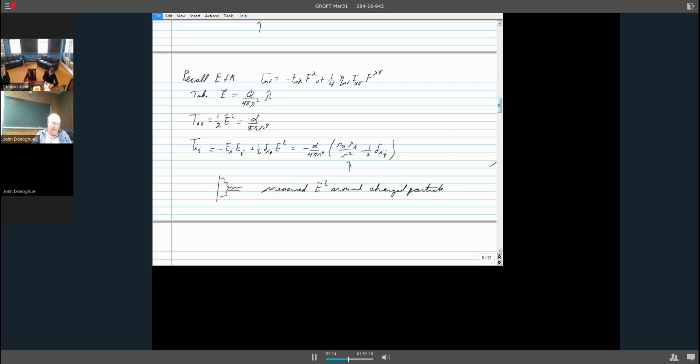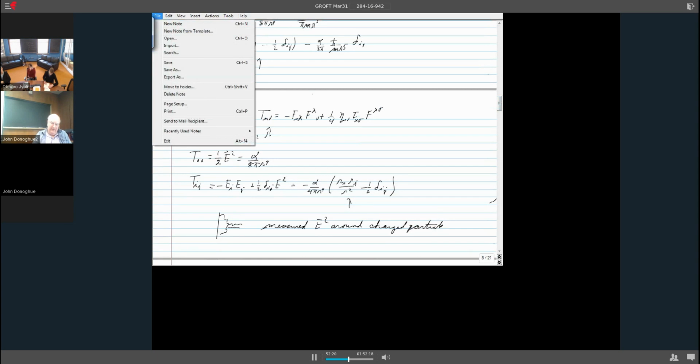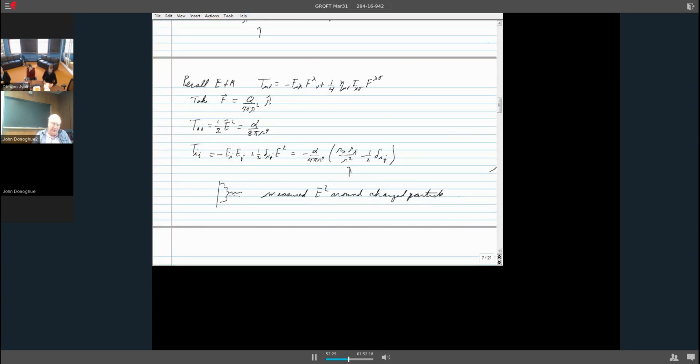And if you compare them, you see that the classical pieces up here exactly equal the classical pieces there. And so what we've learned is that this Feynman diagram has measured the E squared around the charged particle.